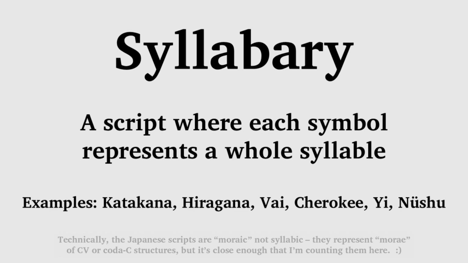The next type of script is the syllabary. In these systems, each symbol represents a syllable, most often a CV, VC, or CVC structure. Examples include the Japanese kana, Vai, Cherokee, Yi, and the extinct Nushu script.